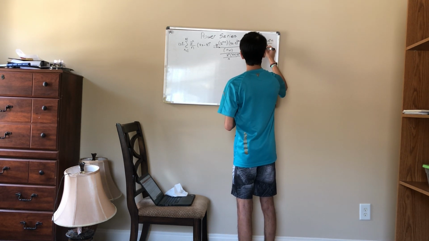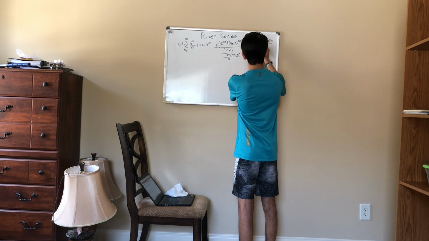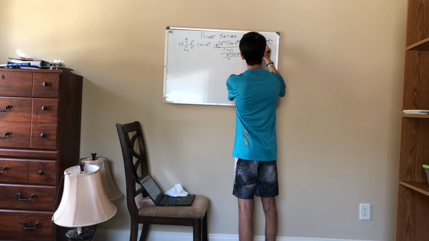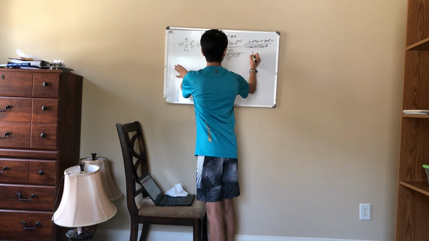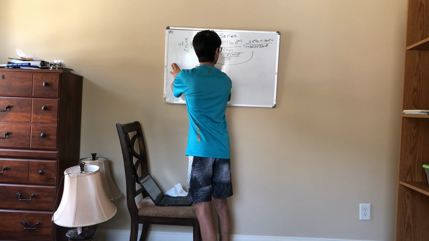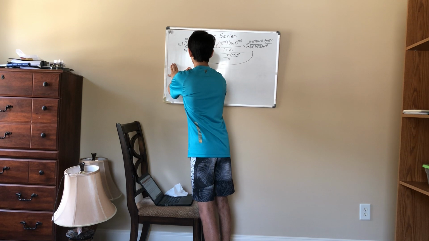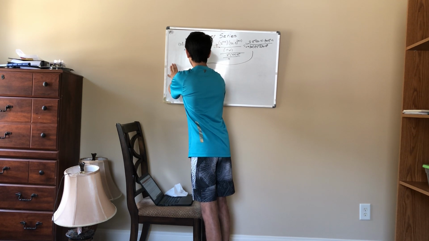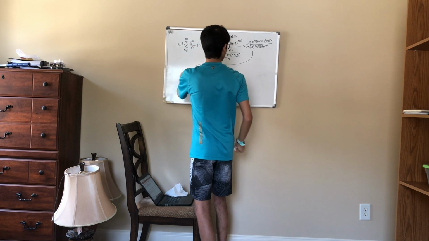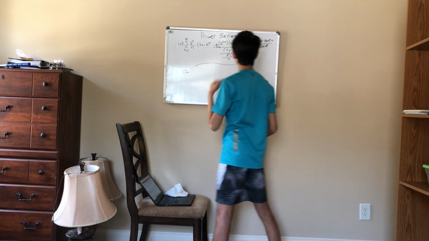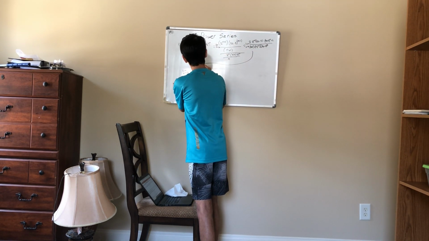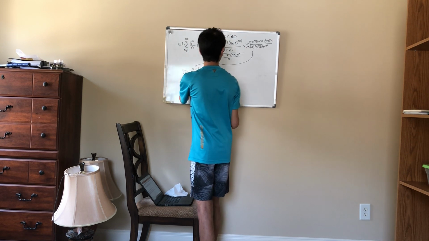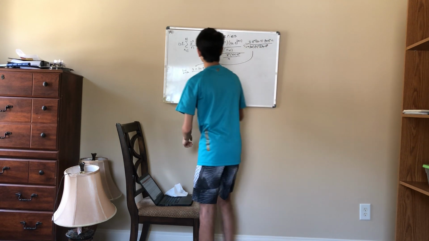So then these two will cancel, these two will cancel, and then you're left with the limit as n approaches infinity of 2 times n times 4x minus 8 over n plus 1.